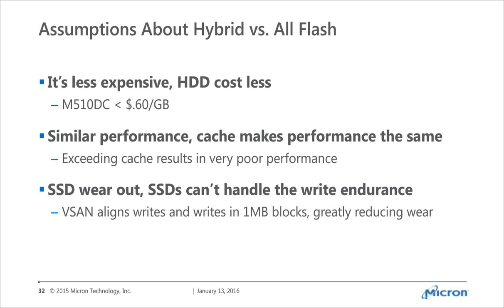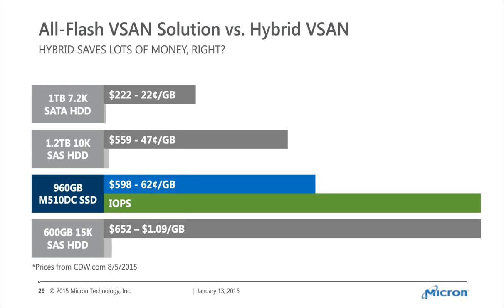The other piece that John had mentioned is that people are thinking, oh, if I use all flash, the cost is quite a bit. Well, I showed that slide previously showing the cost differences. Like I said, the 7200 RPM drive is the only drive that makes a difference in cost.